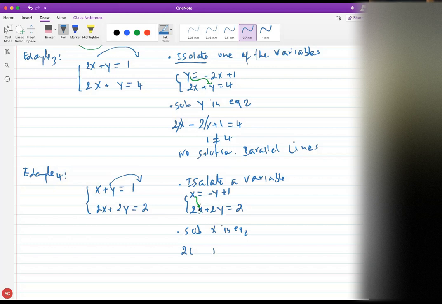Y. Okay, so x is equal to this. I'm going to remove it and put this instead. That's why we call it substitution. Instead of the x, we put negative y plus 1, and then write the rest of the equation. So we substitute here. This stays the same.